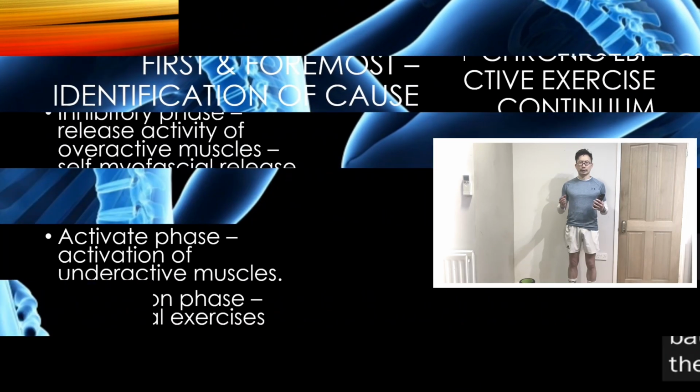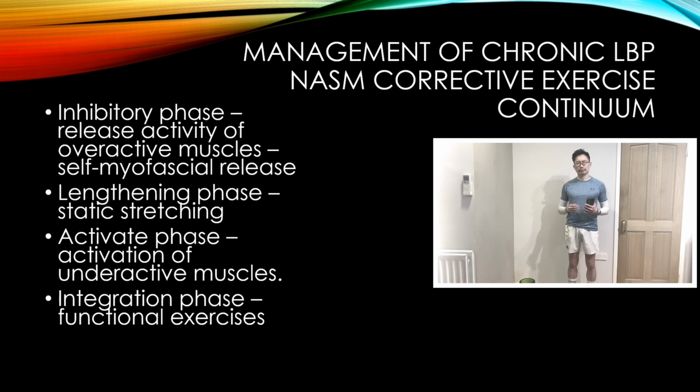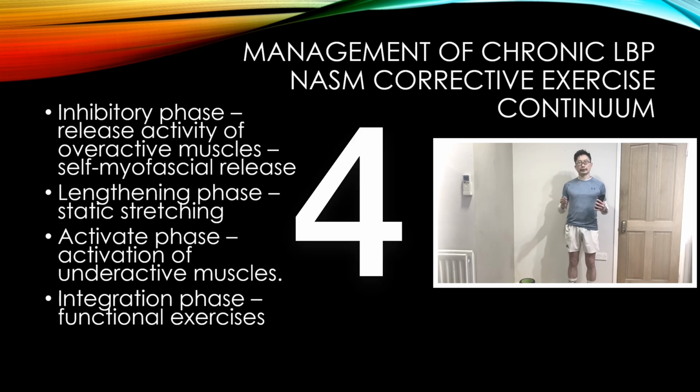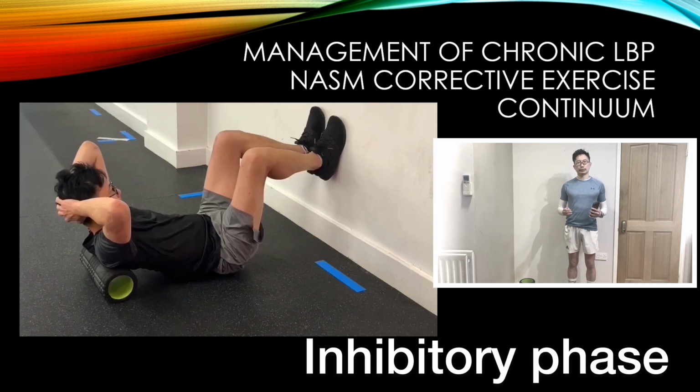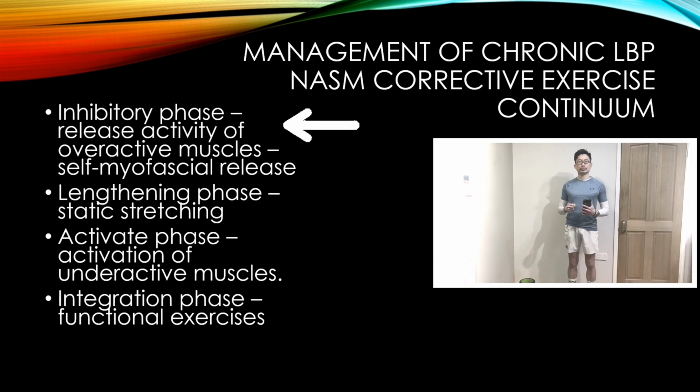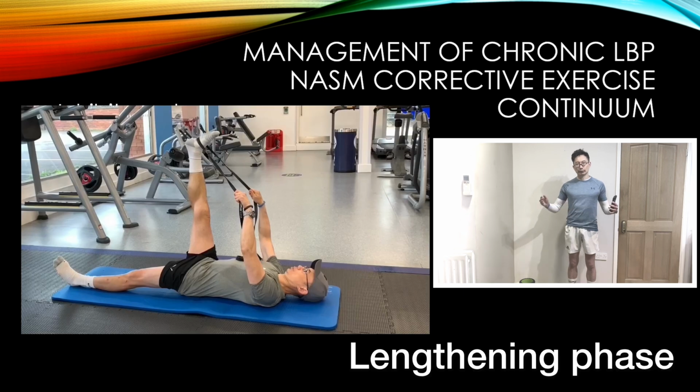Once you have identified the cause of your musculoskeletal back pain, you can start embarking on corrective exercises for the pain. These exercises involve 4 distinct phases. First, inhibitory phase. Inhibit the activity of overactive or tight muscles by using self-myofascial release. Secondly, lengthening phase.